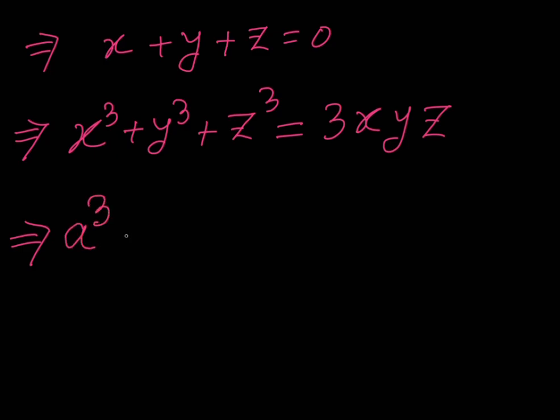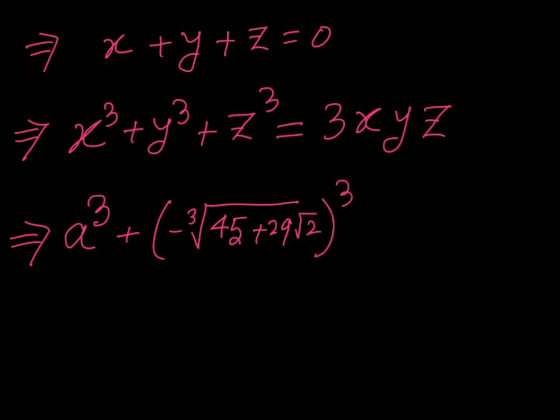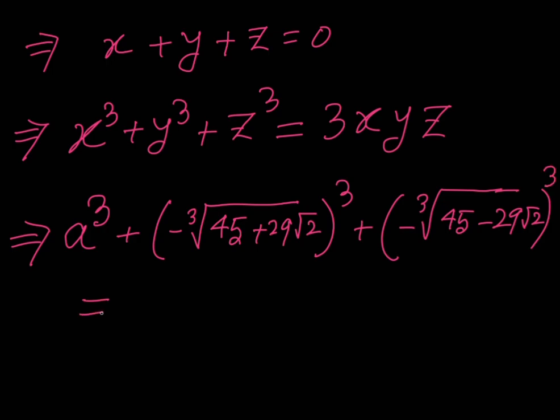So x means a, that is a cube, and y means minus the cube root of 45 plus 29 root 2, cubed, plus minus the cube root of 45 minus 29 root 2, whole cube, which is equal to 3xyz.